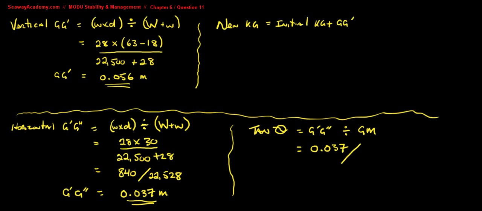They tell us the KG is at 18 meters. We've calculated the shift of G, vertical, to be 0.056 meters. It's moving up, so we add it. So the KG is 18.06 meters.